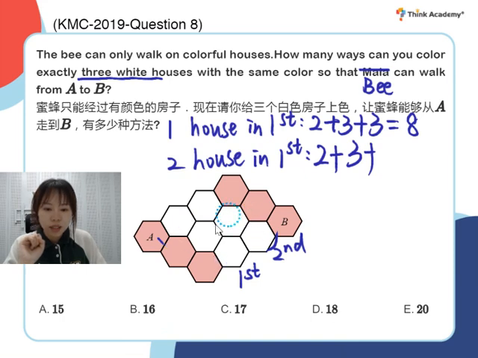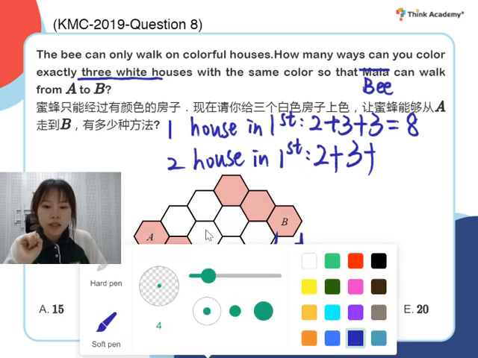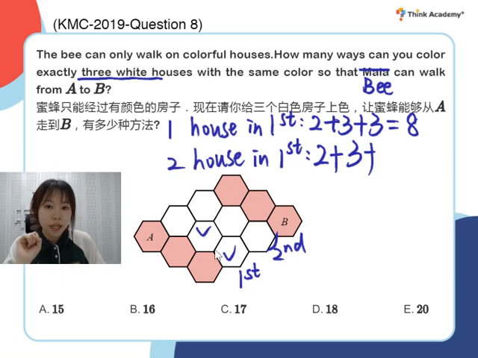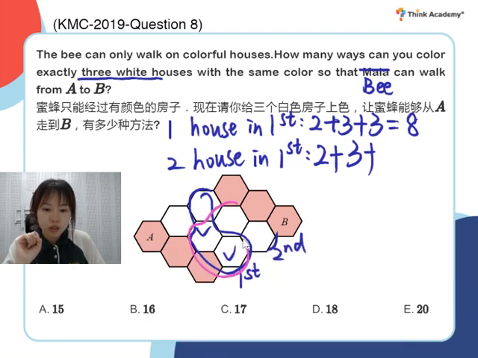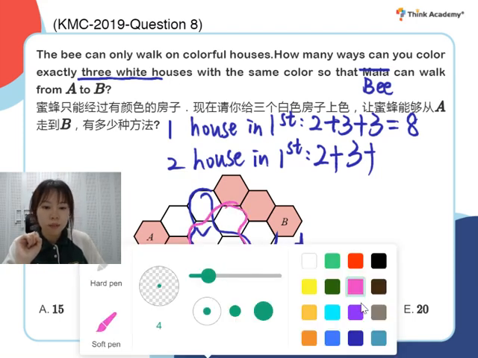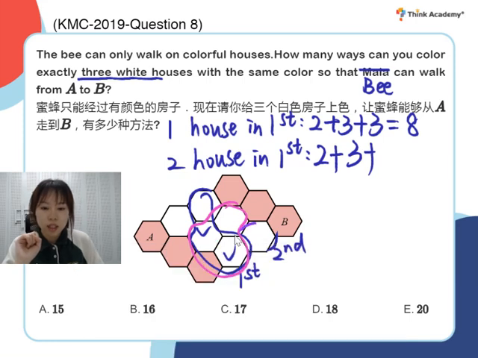Let's continue. This time I colored these two. How many situations? I can color this one to make a 3. And what if I color this one? It's also okay. What about this one? It's also okay. So plus 3 again, 8.